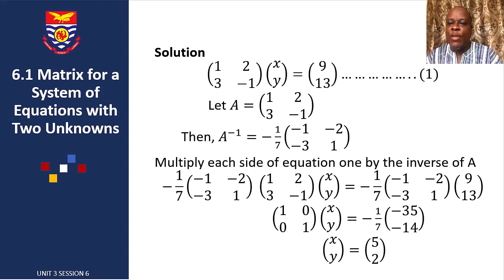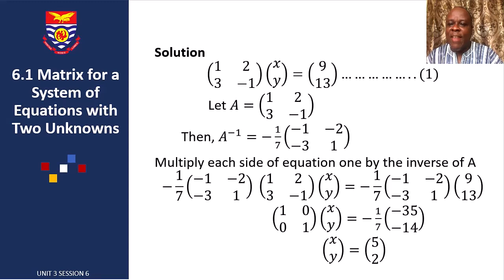Now, we'll multiply each side of the equation by the inverse of A. That is equation 1. So we use the inverse of A to multiply the left side of equation 1 and the right hand side of equation 1. And we have learned how to do multiplication. So we do the multiplication, and at the left hand side we will have 1, 0, 0, 1 against xy.